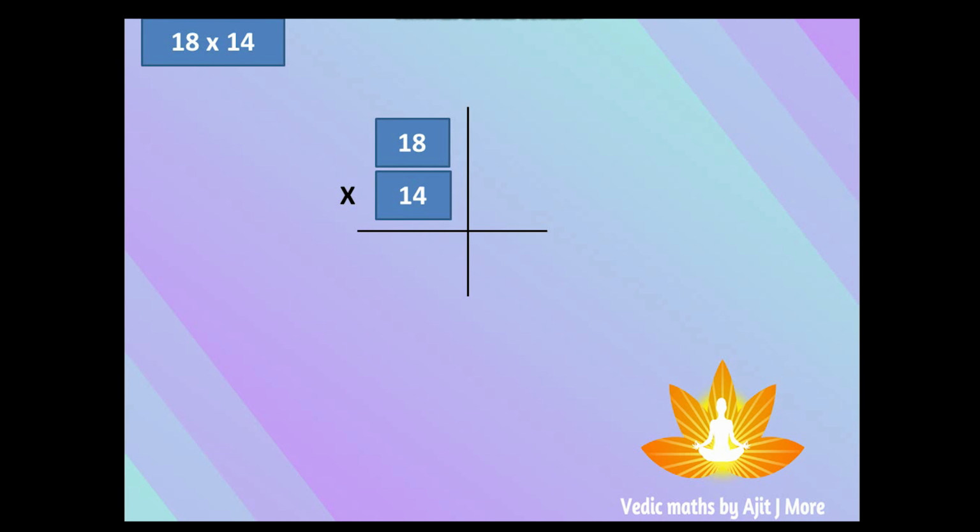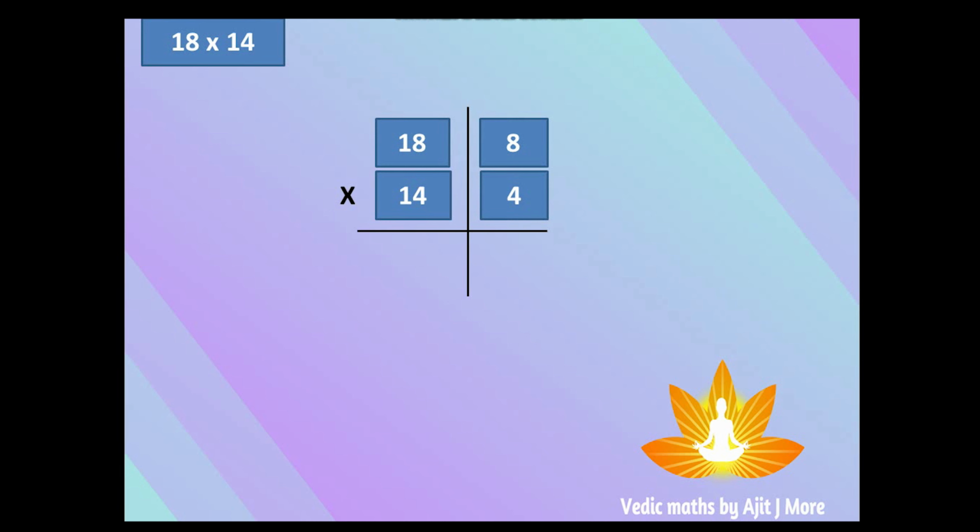We can see both the numbers are greater than the base, they are after the base. The base is 10. The first step is decided. Step 2 is to find out the deviation. So 18 is 8 more than the base and 14 is 4 more than the base, isn't it?